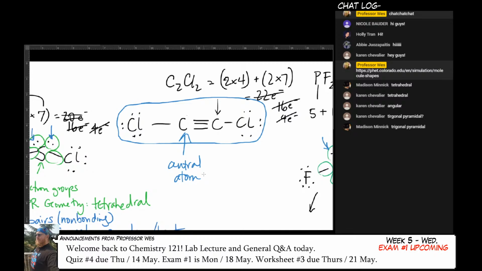And relative to that, you can now determine the VSEPR geometry and the molecular geometry. Because if this is my central atom, how many electron groups are around it? Well, here's one, and here's one. So that's 2 groups, so this is going to be linear. Of those 2, none are electron pairs, so its molecular geometry will be linear as well.